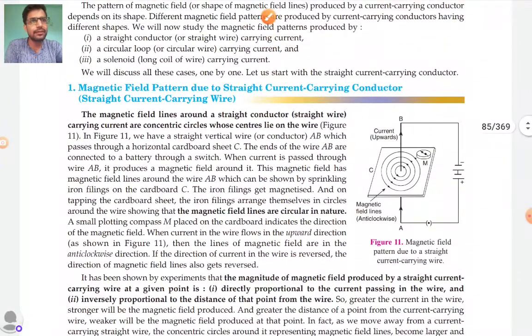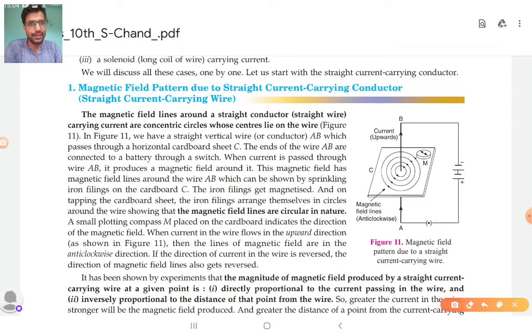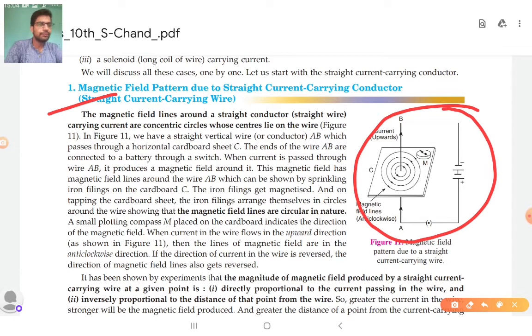As we discussed, let us revise once again. At first we discussed the magnetic field pattern due to a straight current carrying conductor. If we have a current carrying wire, we know that current always moves from the positive to the negative terminal.